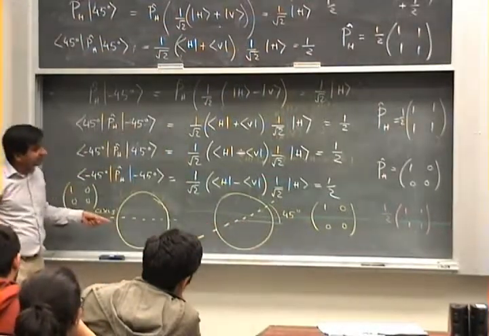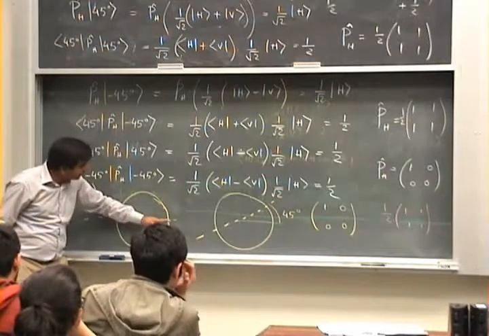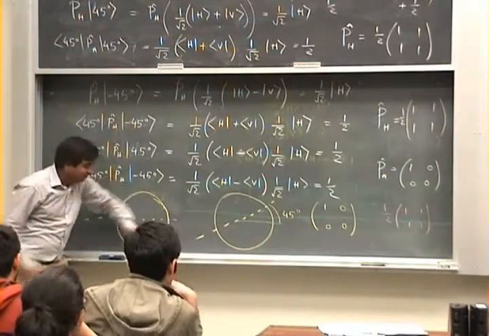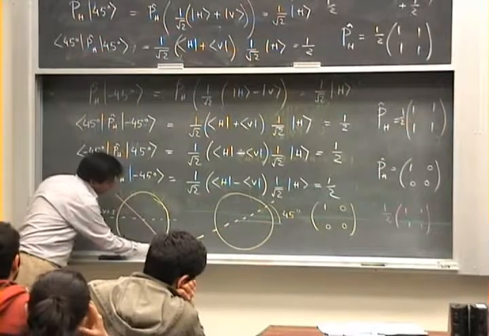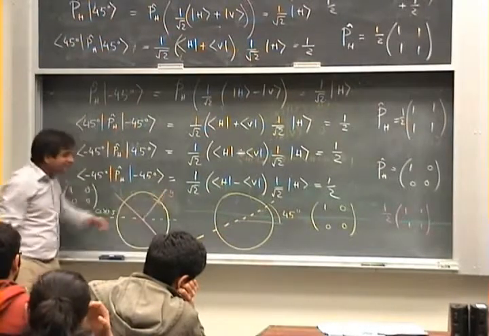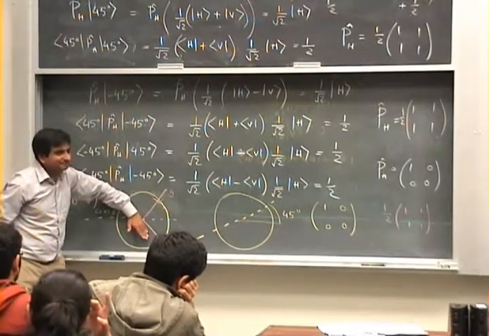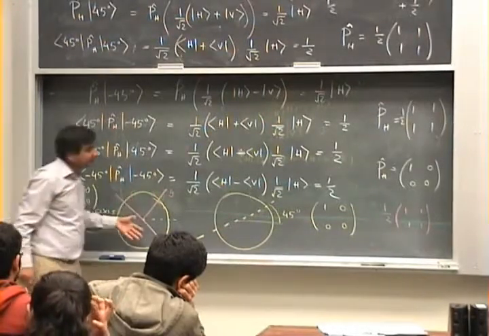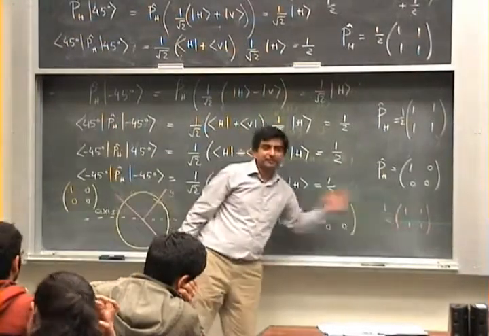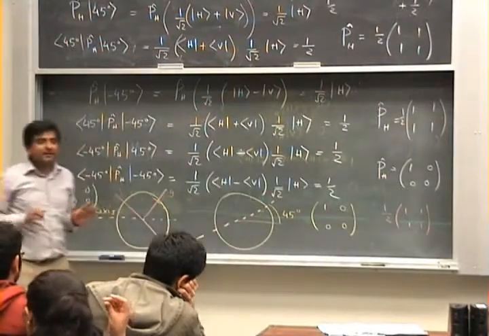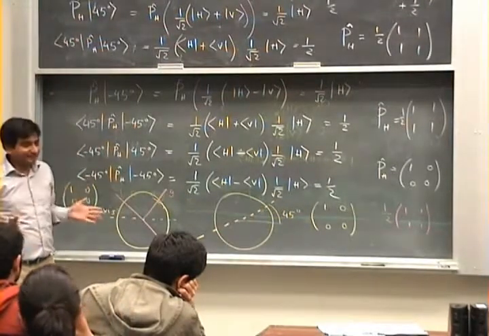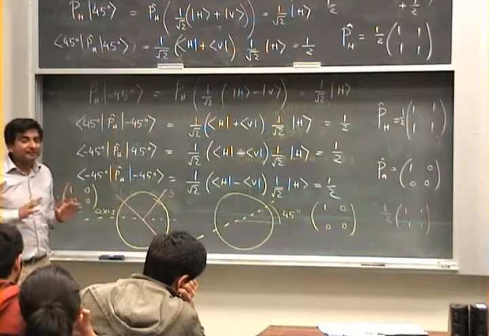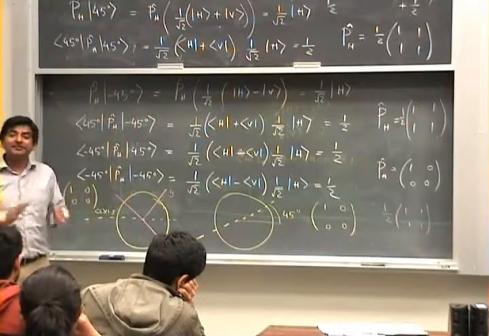If I take this physical polarizer and I choose my x-axis to be like this and my y-axis to be like this, then in this basis, the operator or the matrix representation of the same polarizer will change to something different. So depending upon what is my basis, I can represent the same element in different bases differently.